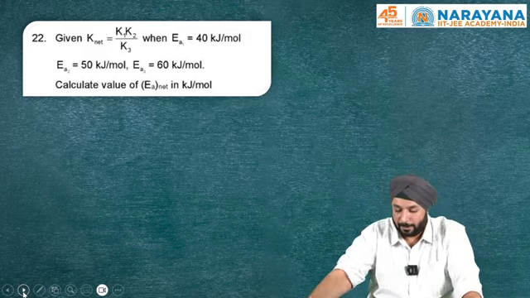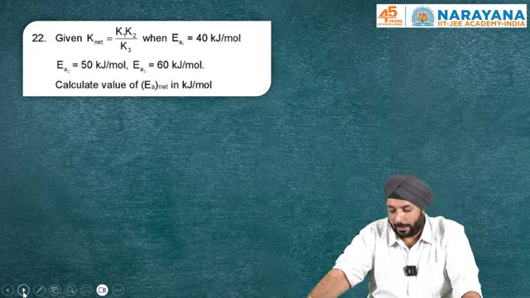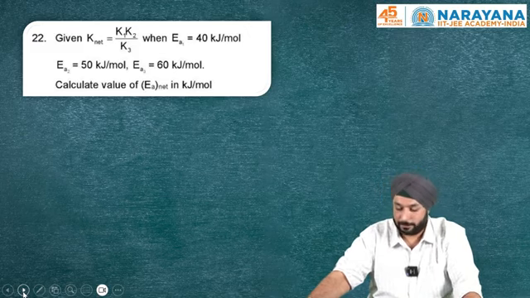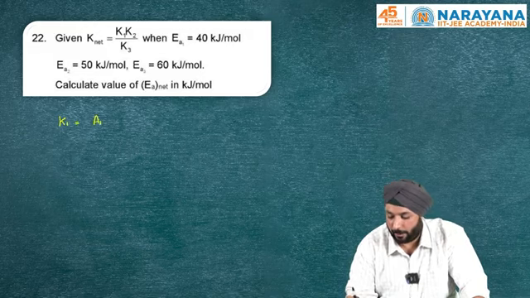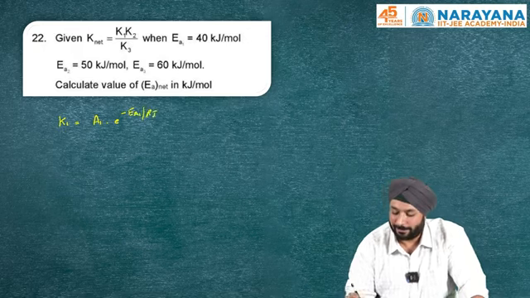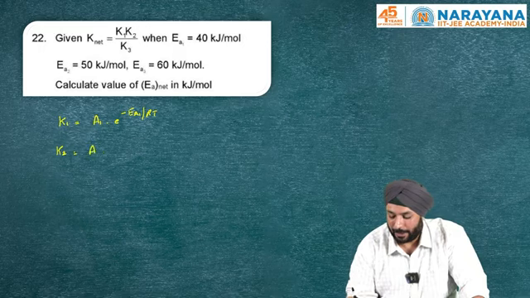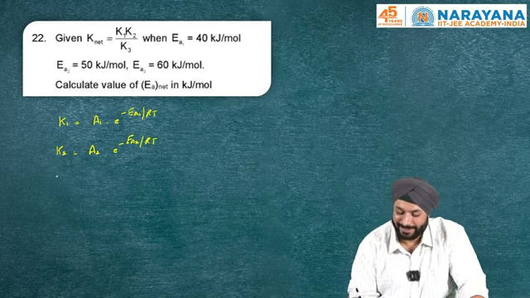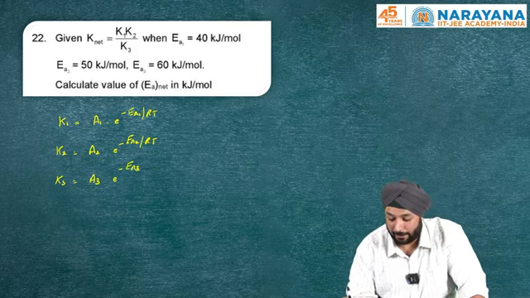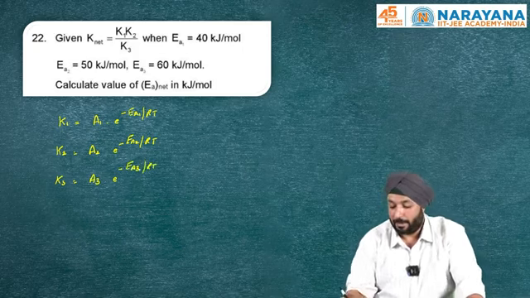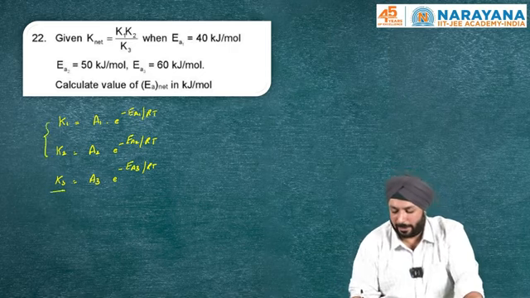Given K net for a complex reaction K1, K2 by K3, where EA1, EA2 and EA3 are given to you, right? Now listen, K1 is equal to A1 into e to the power minus EA1 by RT. K2 is equal to A2 into e to the power minus EA2 by RT. K3 is equal to A3 into e to the power minus EA3 by RT. Now what you are doing, you are multiplying K1 and K2 and dividing by K3.